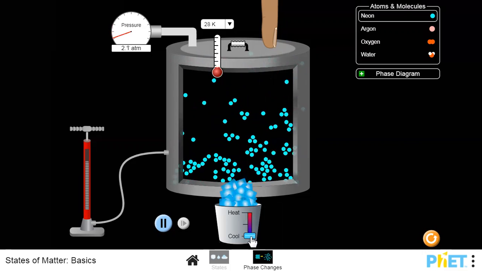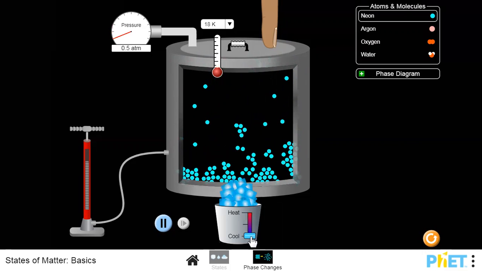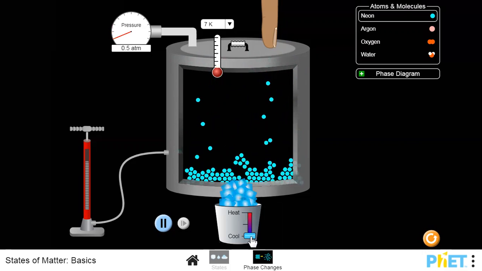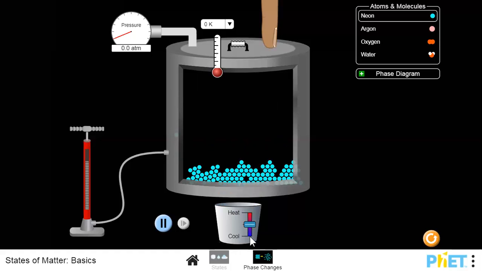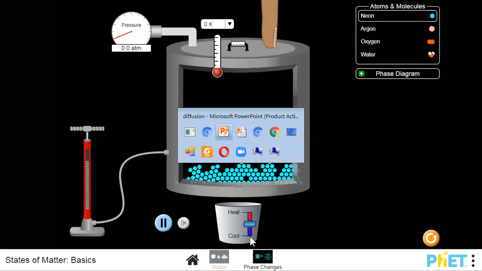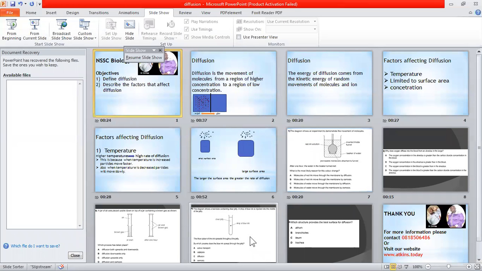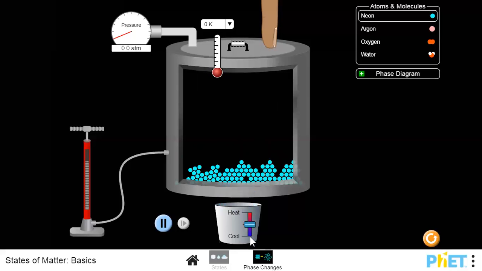So at the end, the rate of diffusion will become slow. As you can see, the particles have lost the kinetic energy because of the temperature that we have decreased. So at the end, the rate of diffusion has decreased. This is what happens when you decrease or increase temperature.